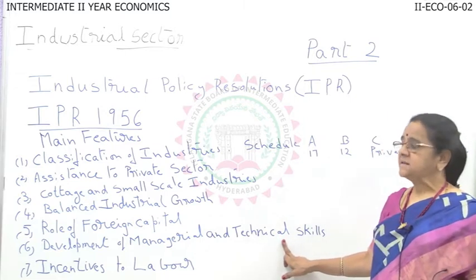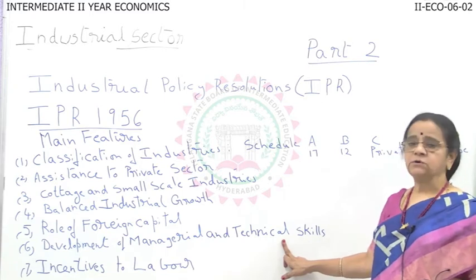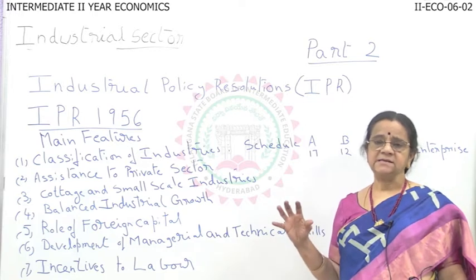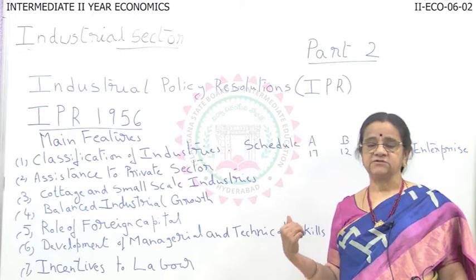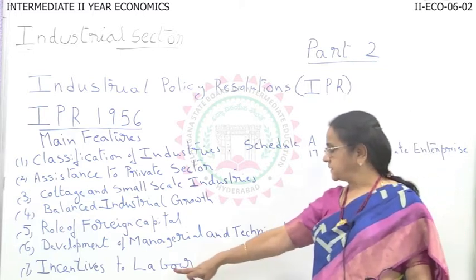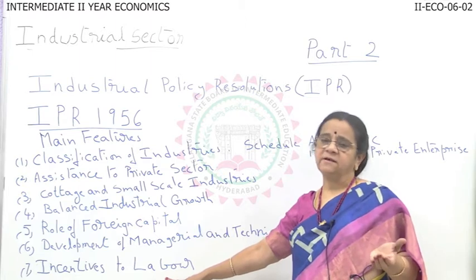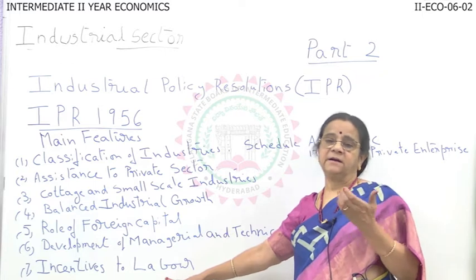Then, lastly, another striking feature is incentives to labor. Labor is considered a part and parcel of development of industries. Their role is recognized. Hence, they would be provided with fair treatment and better working conditions.